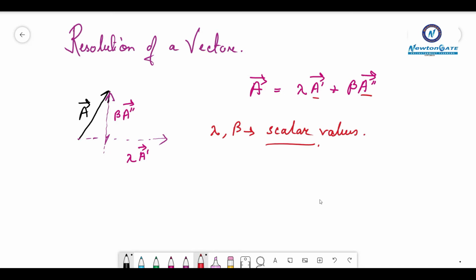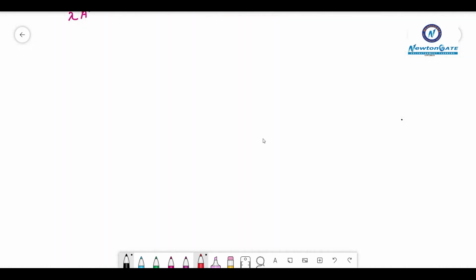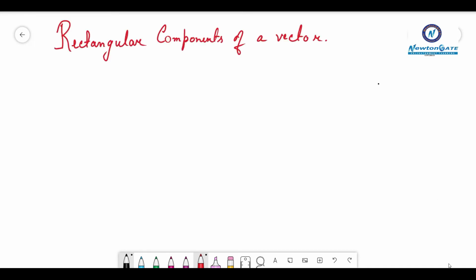That is when we call them the Cartesian components of a vector, or rectangular components of a vector. Rectangular components mean that I am splitting the vector into rectangular components.